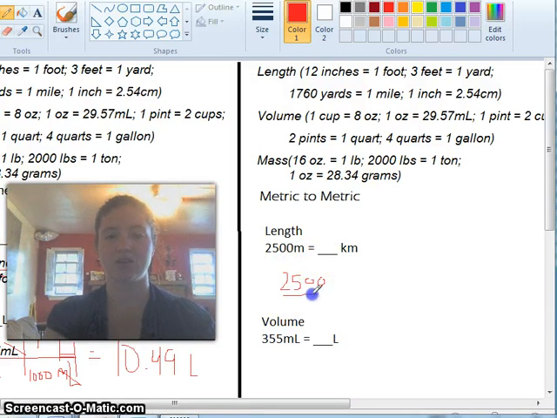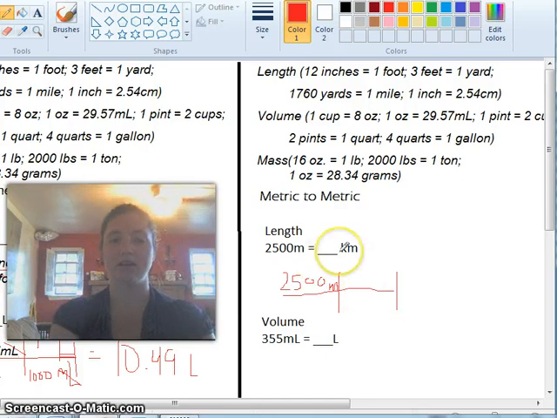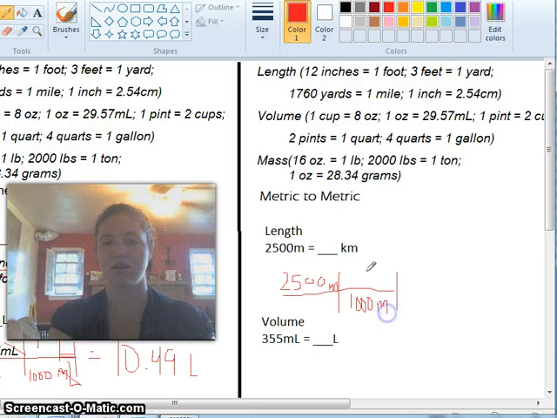And even still using my ladder method here, I have 2,500 meters. And I need to just simply convert from meters to kilometers. Well, kilo means 1,000. So that means that I have 1,000 meters every time I get 1 kilometer.